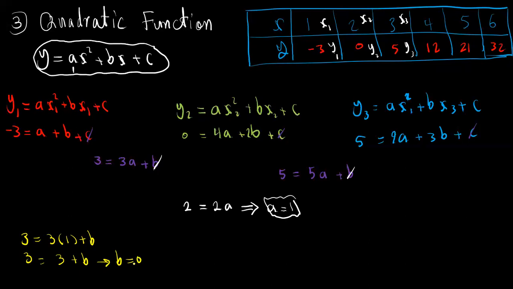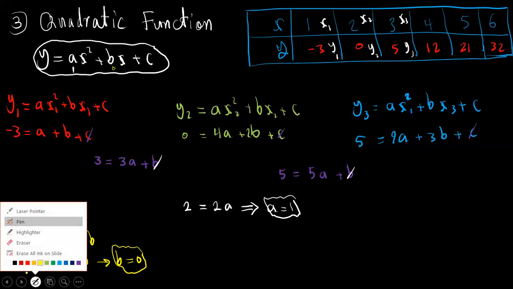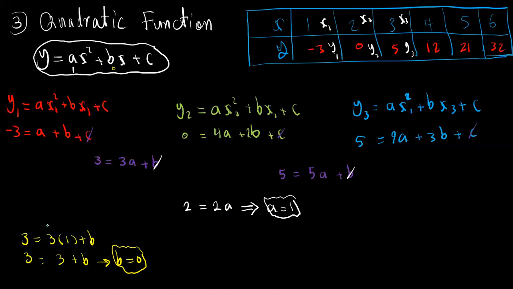It will be 0. So b equals 0. Okay, I got the second parameter. I have the first parameter and the second parameter. I want the third parameter c. How can I get c? Yes, use this equation or this one to get c. I will use the first equation, this one.